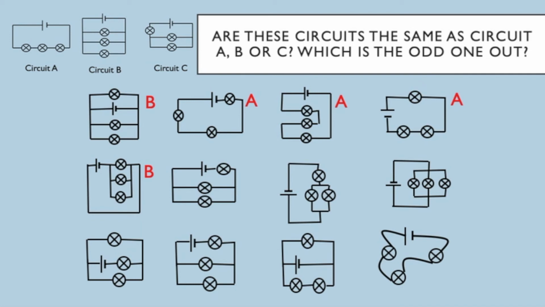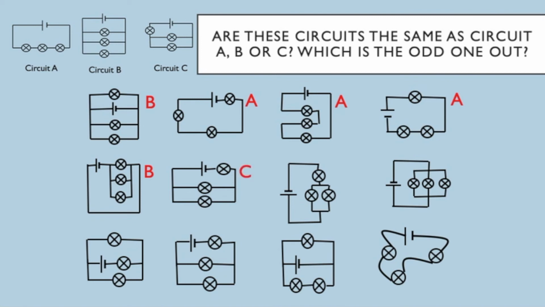It's actually just a parallel circuit with the power supply in parallel with those different bulbs. It's just a parallel circuit with the lamps in parallel with the power supply.